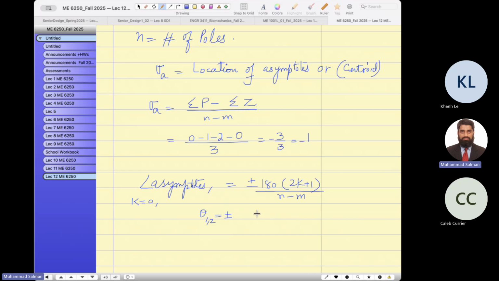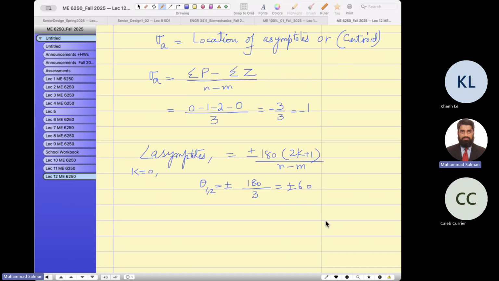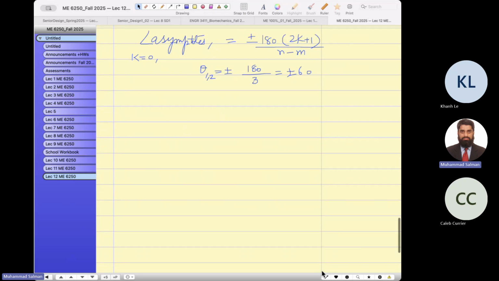Let k equal 0. So what is 180 divided by 3? Plus minus 60. And what is plus minus 60 in our trig identity? In our angle here, suppose this is my angle, so this asymptote is at 60 and minus 60. You don't have to draw this axis right now.